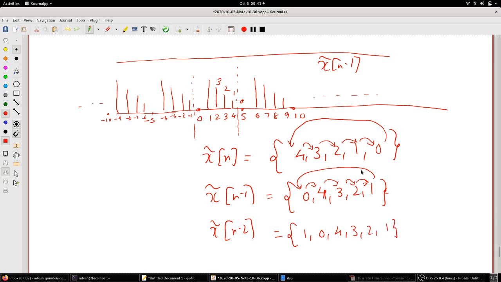Since it's a periodic sequence, you have this kind of movement happening, because when I shift to the right, the elements of this sequence try to come in, and these guys try to move out.